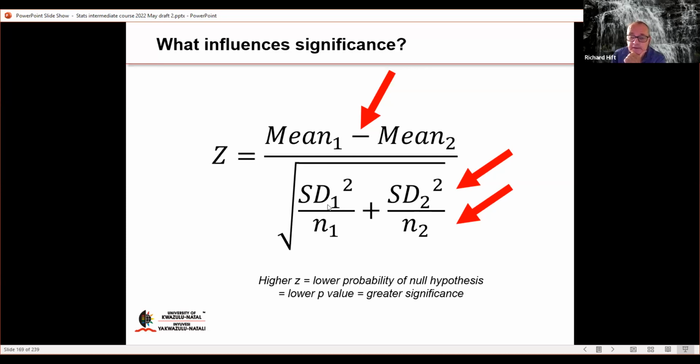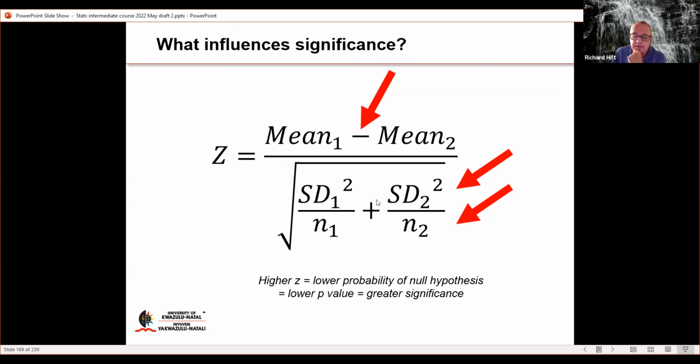Down here, we've got standard deviations. Okay. And if you don't get confused by all of this, what you'll see is that the smaller the standard deviations, the smaller the total denominator will be. And if you divide a numerator by a smaller denominator, you're going to get a larger number. So Z will become larger.